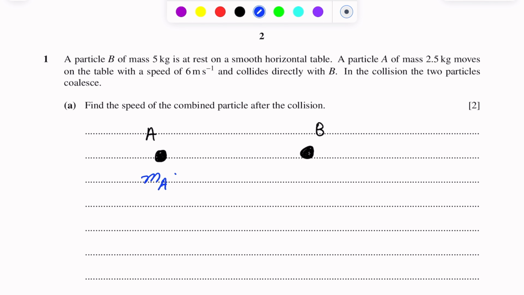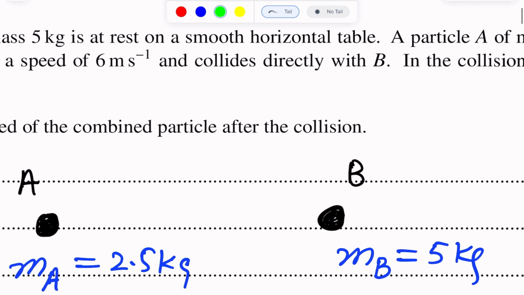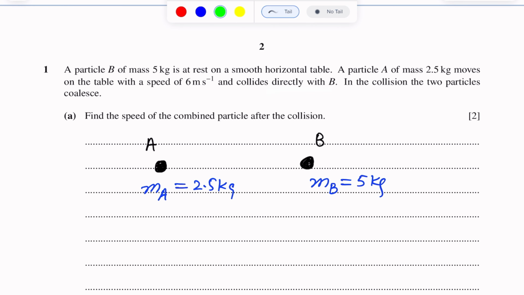Mass of particle A is 2.5 kg and the mass of particle B, that is MB, is 5 kg. Particle A of mass 2.5 kg moves on the table with speed 6 meters per second and collides directly with B. So this is the direction of particle A towards B.